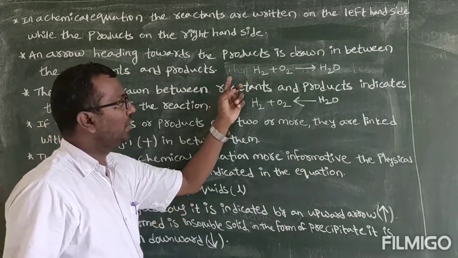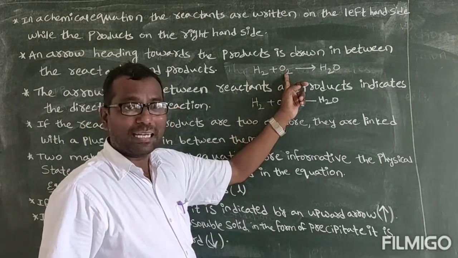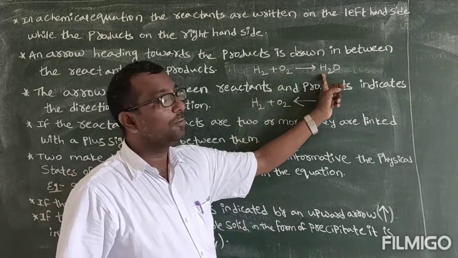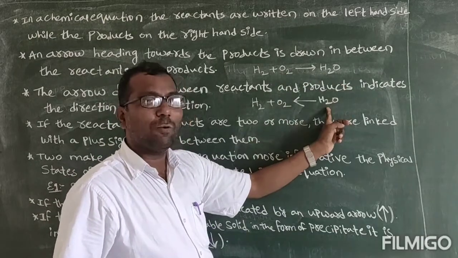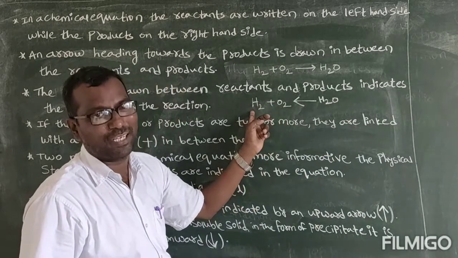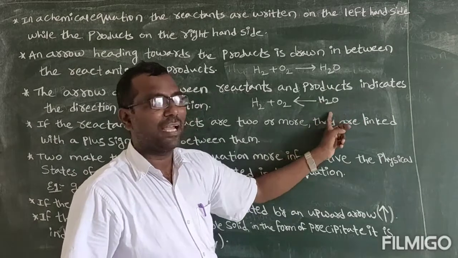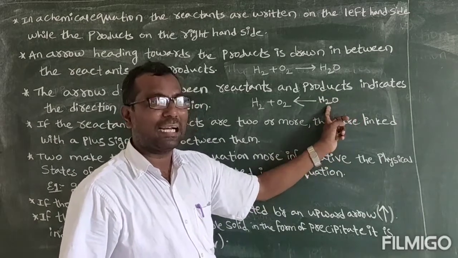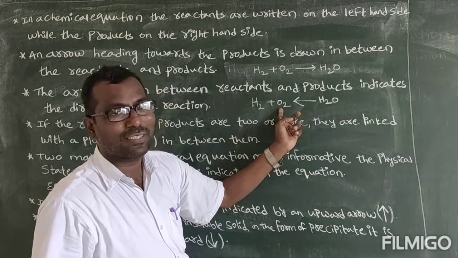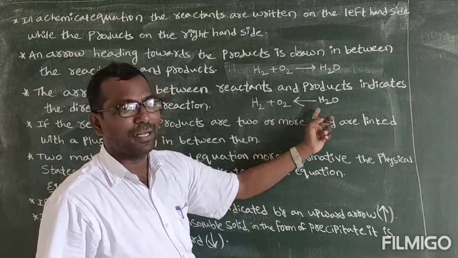Have you understood? Hydrogen plus oxygen are the reactants. They give water. Again here what is happening? Water is giving hydrogen and oxygen. In this case, H2O will act as a reactant and hydrogen plus oxygen the products. Backward reaction.